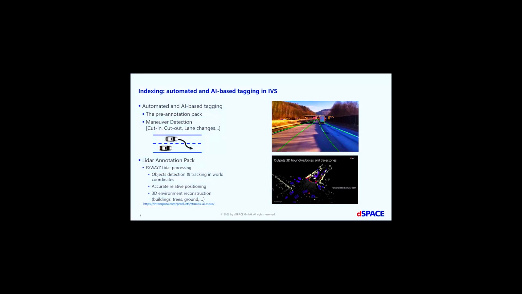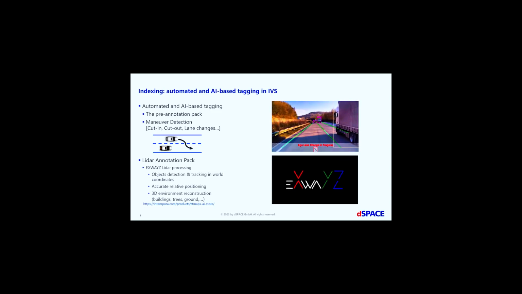IVS data management offers a number of indexing jobs that can efficiently be applied on large data volumes. One job example is the AI-empowered automated maneuver recognition based on camera data. A deep neural network can detect cut-in, cut-out, or lane change maneuvers and attach the related tags with correct timestamps to recordings.